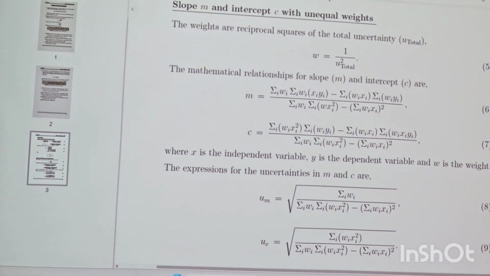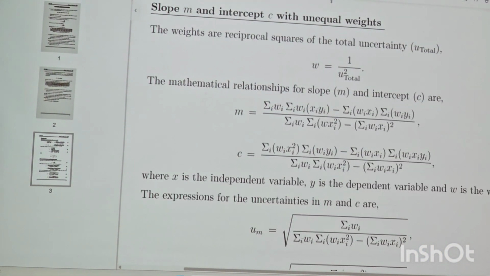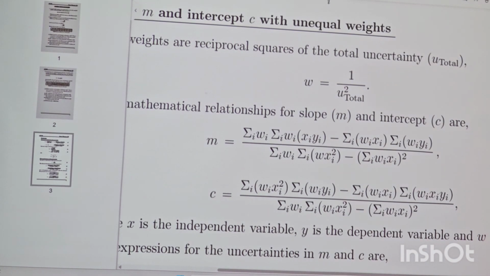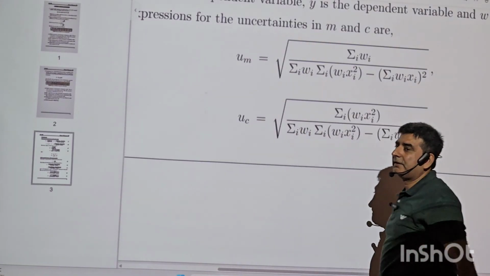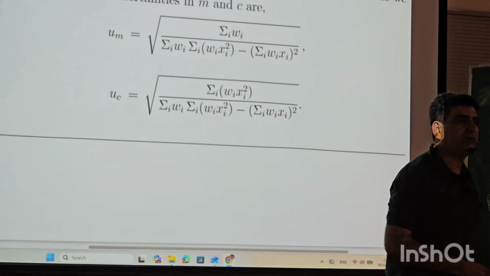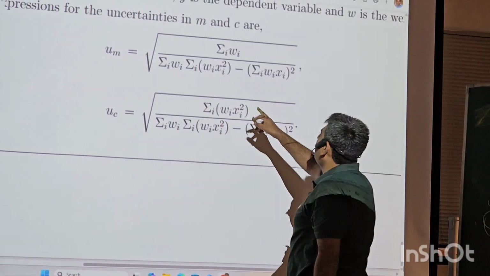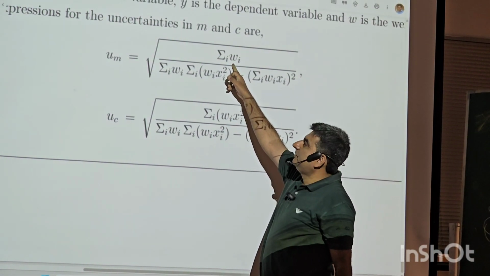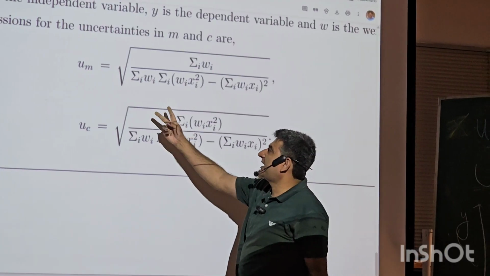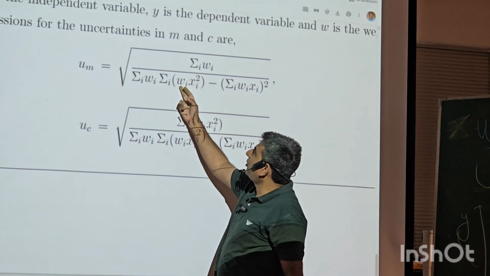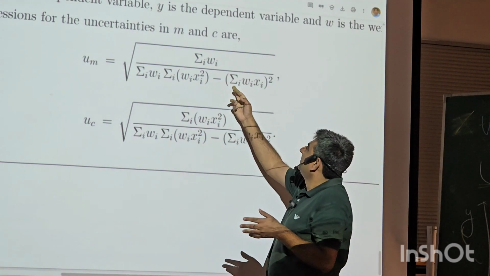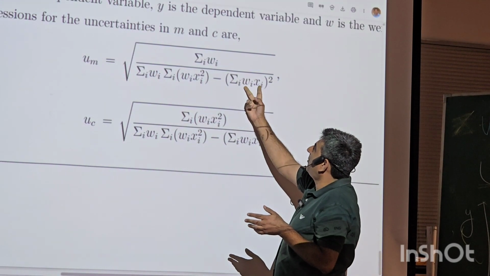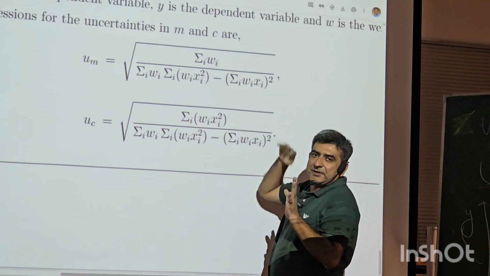The uncertainty in slope, u in m, has this formula. The sum of the weights divided by a big denominator which has the sum of the weights times the sum of the product of the weights and the square of the x values, minus the square of the sum of the weights multiplied by x values.